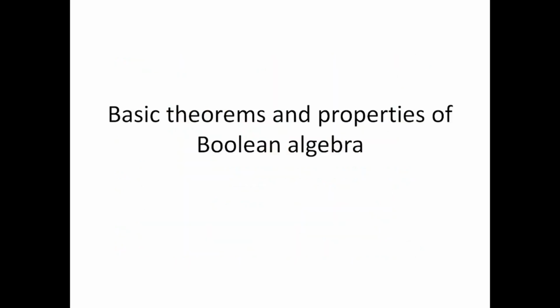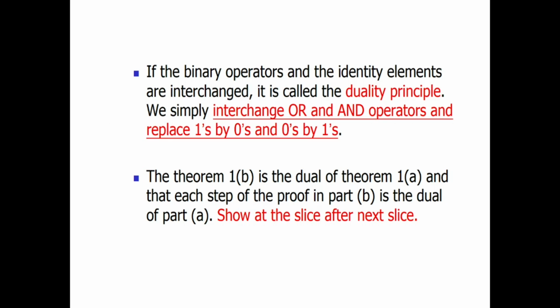So next, some basic theorems and properties of Boolean algebra. Before going to see the theorems, we want to know the definition of the duality principle. Based on the duality principle, the theorems are proved. So what is the duality principle?